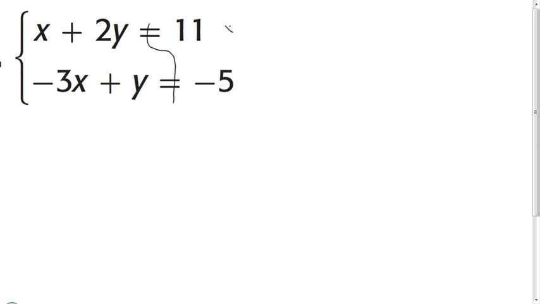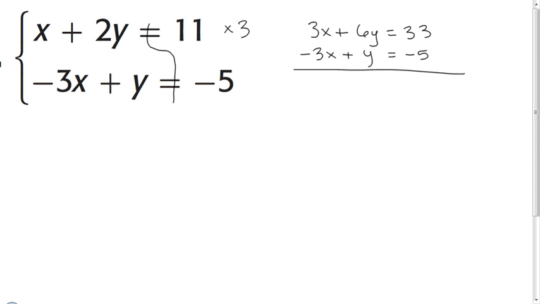I'd have to multiply the first equation by 3. So I would get 3x plus 6y equals 33. Make sure you're multiplying through to everything in this equation. If this statement is true, then 3 times this statement is still going to be true. Now I've got these opposite coefficients for my x's, and I can add my two equations together.